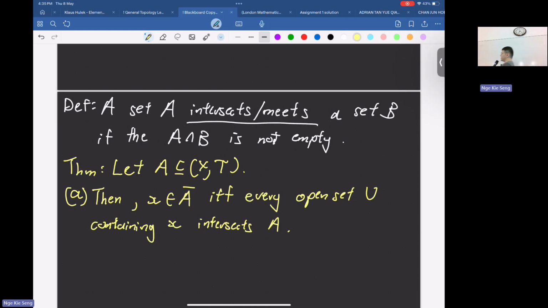If you live inside all the closed sets, meaning what? All the open sets that contain x must intersect A.